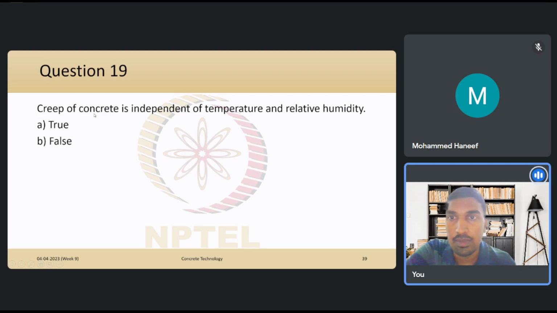Question 19 is, creep of concrete is independent of temperature and relative humidity.